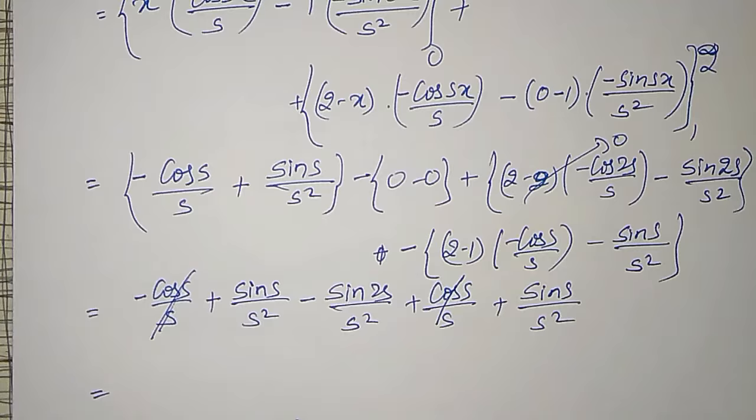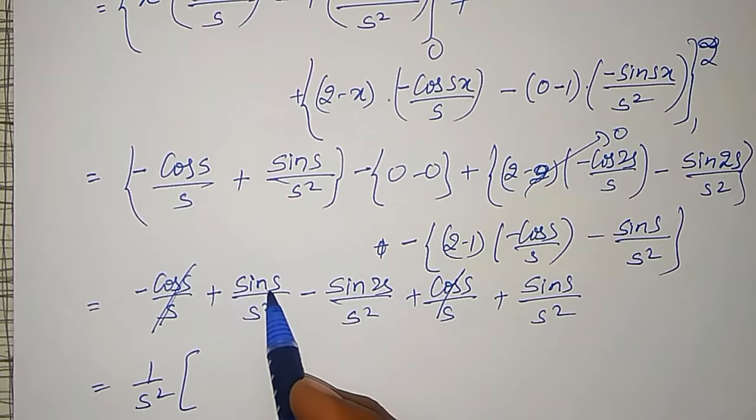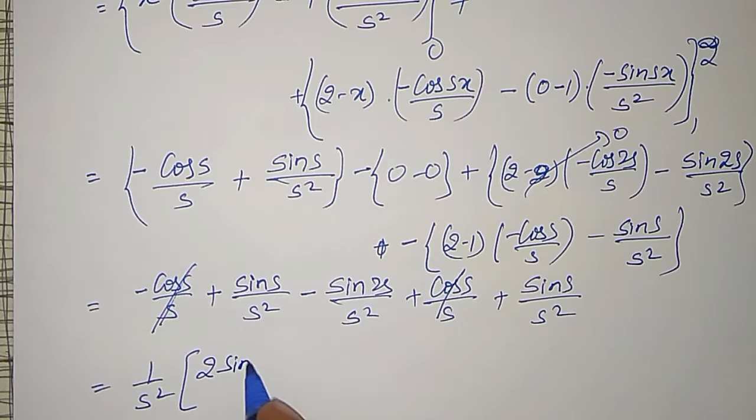From the remaining three terms, what can I take common here? 1 by s square I can take common, and I can write it as sin s plus sin s, 2 sin s, minus sin 2s.